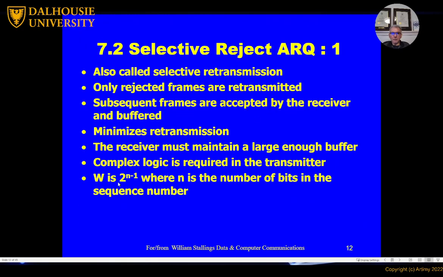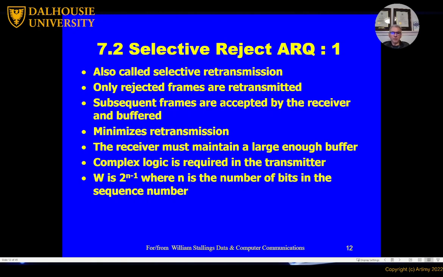For selective reject, it has to be 2 to the power n minus 1, where n minus 1 is the power, right? So this is not a typo. So if n is 2, then the window size is not 3. The window size is actually just 2.